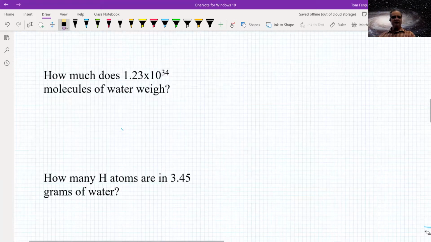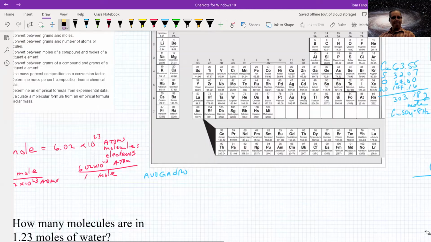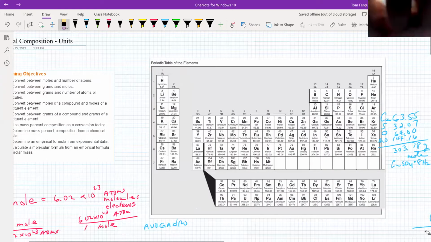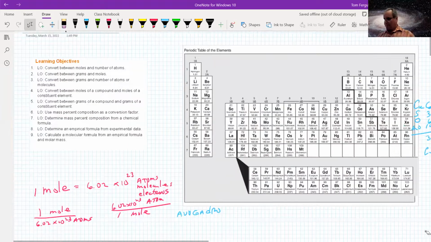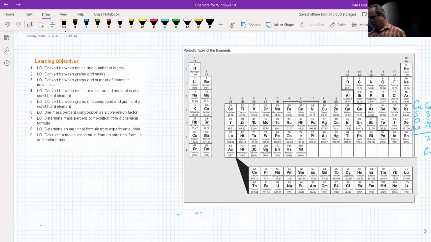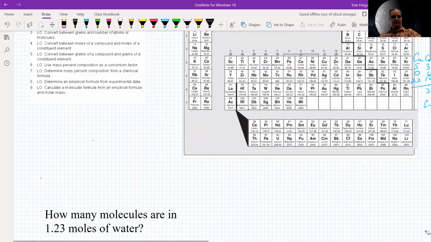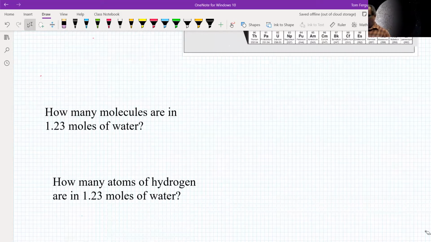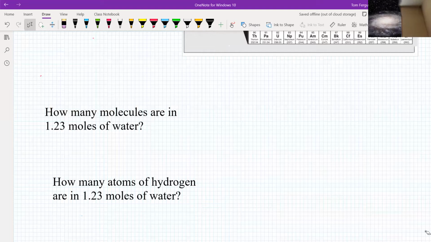Okay, so let's go through some of these here. How many molecules are in 1.23 moles of water? Remember molecules, how many?